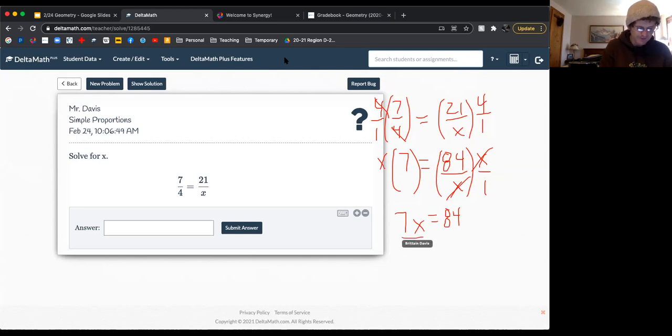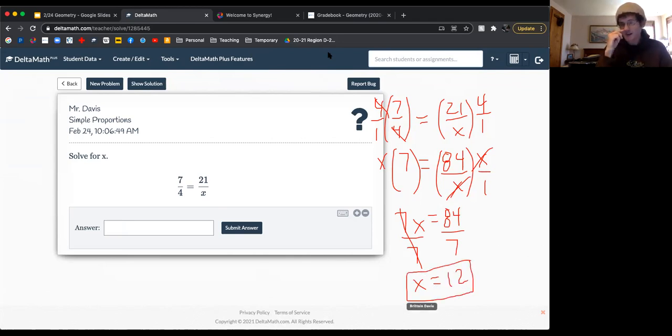And now it's a one-step equation. So I'm going to go ahead and divide by 7. And I get 84 divided by 7. Again, you can use your calculator. You don't need to be able to do this stuff in your head. 84 divided by 7 is 12.